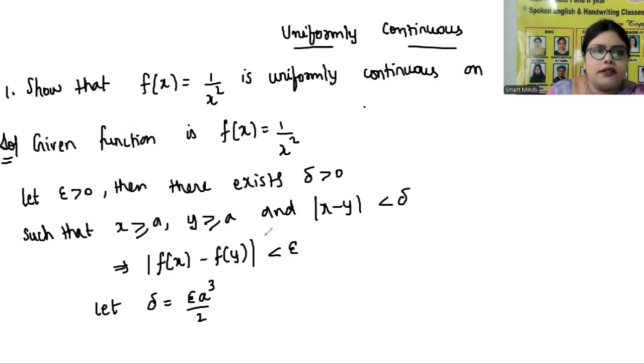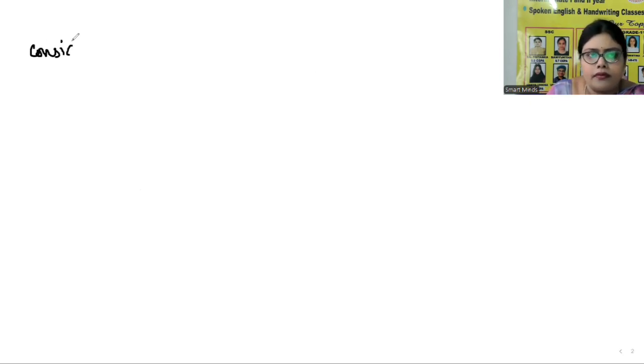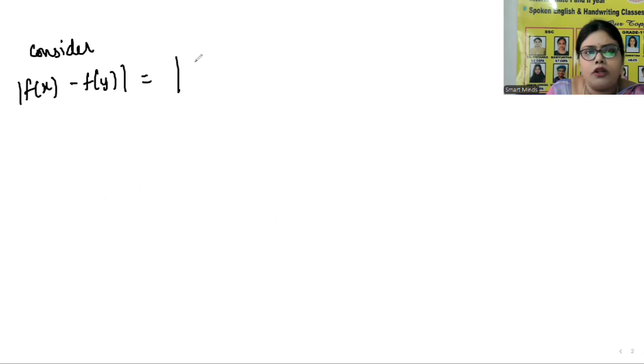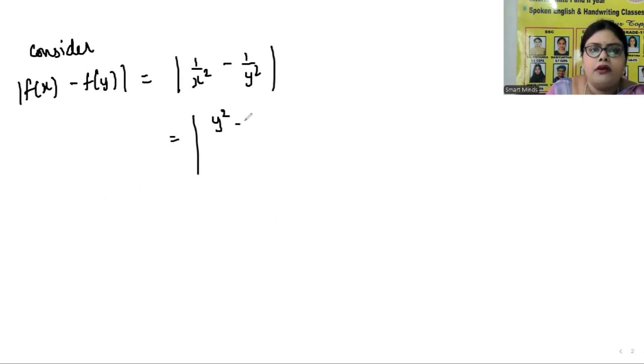Now we will consider mod f of x minus f of y is equal to mod 1 by x square minus 1 by y square. That is equal to, if you take the LCM, y square minus x square by x square y square. Now numerator is in the form a square minus b square.